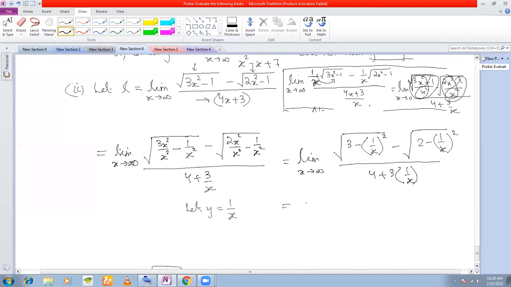You can directly put 1 by x is equal to 0. So you get root 3 minus root 2 divided by 4. You can do this also, no problem. But normally we teach y is equal to 1 by x because most of the students are not able to understand. That's why we put y is equal to 1 by x and then do it.